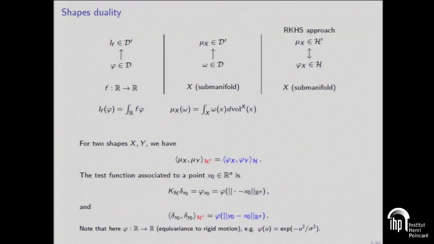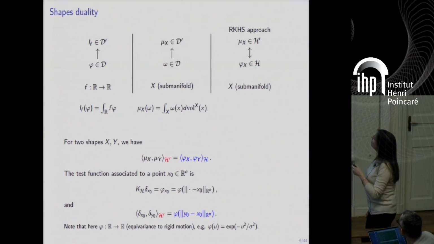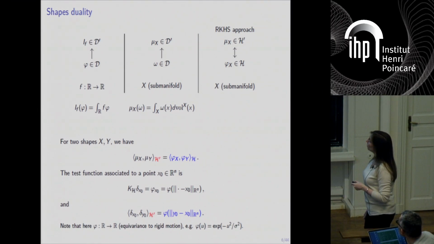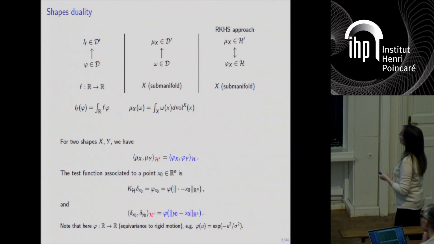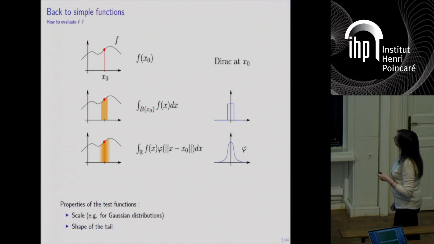So let's start with the simplest shape. You consider a point x0 in Rn. Its distribution will be denoted in this talk by the Dirac at x0, and the canonical isomorphism that goes from your space of distributions to the space of test functions gives you the canonical element associated to this Dirac, which is just the translation of a generic test function.